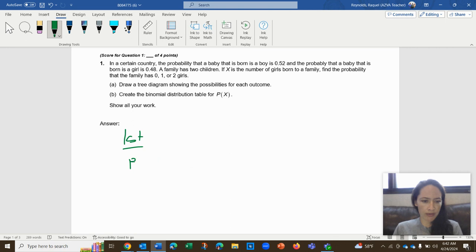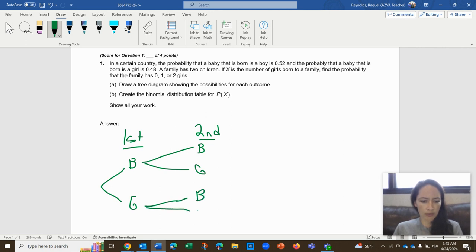You could have a boy or you could have a girl. That's the first child. After you have your second child, it splits. You could have a boy, you could have a girl. You could have a boy, you could have a girl. That's basically it. We're done.